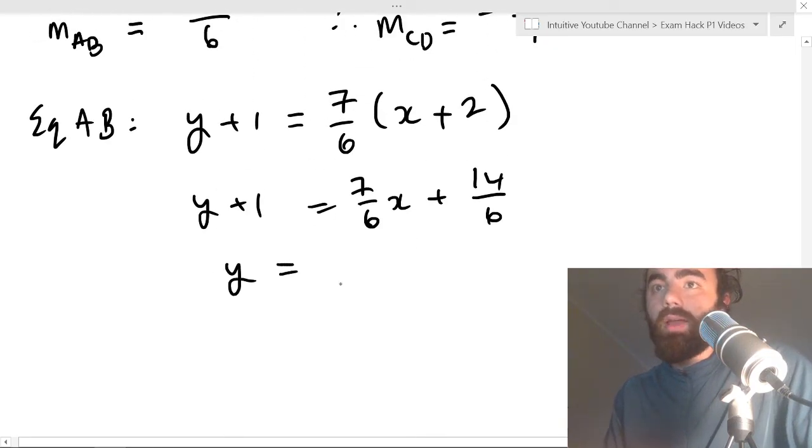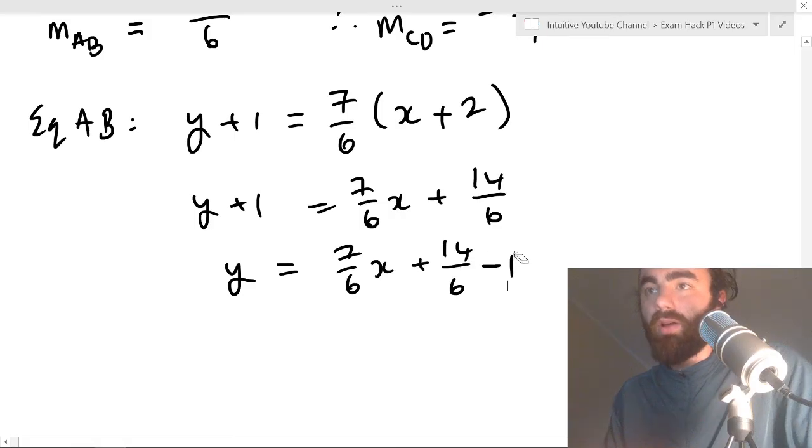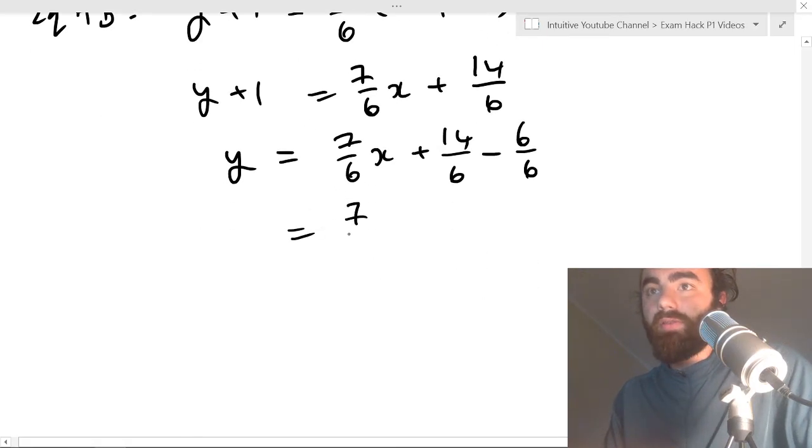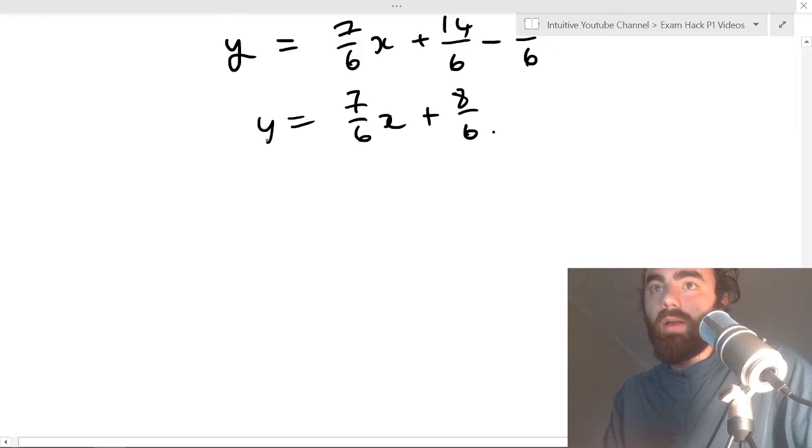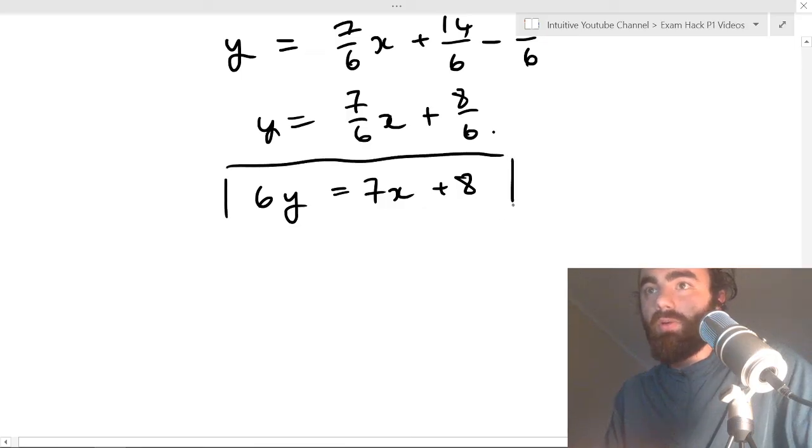So then we get y equals, we're taking this over, plus 14 over 6 minus 1, and we can write this -1 as 6 over 6, which gives us 7 over 6x plus 8 over 6. And then we can rewrite this by times through by 6, we get this. So this is the equation of AB.